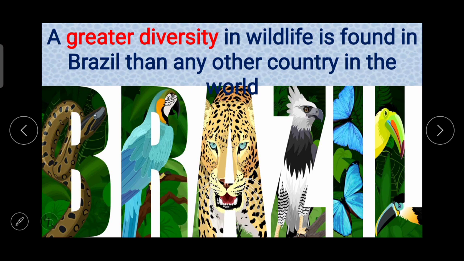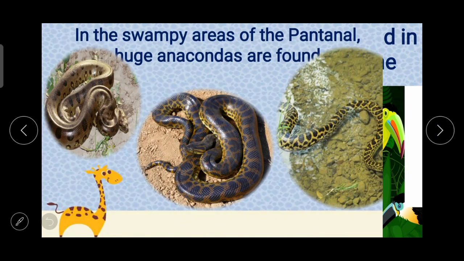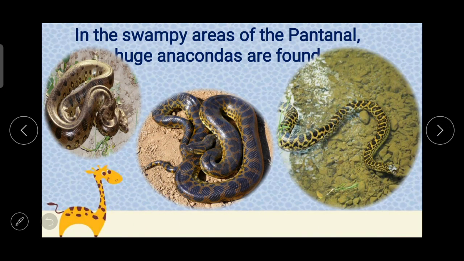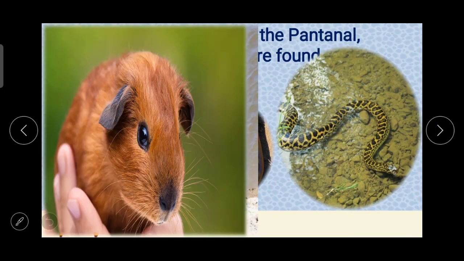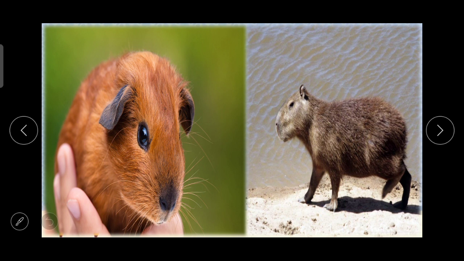In the swampy areas of the Pantanal, huge anacondas are found, as on the screen you can see. In the swampy areas of Pantanal, huge anacondas are found. Now, here only names and the places we are going to talk about.